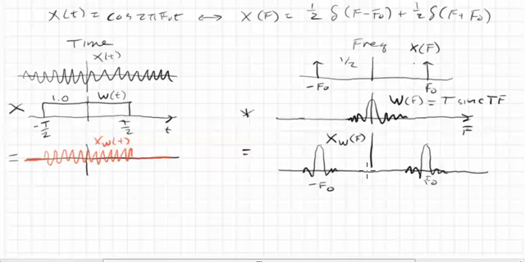What we'd like to do is analyze what we do observe and work out what the original signal is. So we might be able to infer that there's a spectral line at f naught and minus f naught, and infer that there's a sinusoid in the data that we're looking at, cosine of f naught, for example.